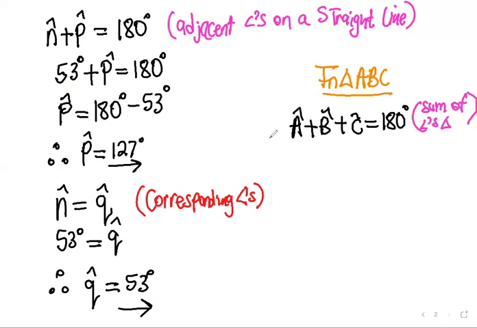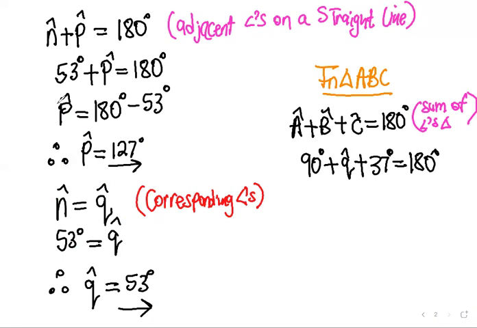Now you substitute the size of angle A being 90 degrees, right? Plus the size of angle B, which is represented by small letter q that we want, plus the size of angle C, which is represented by 37 degrees right there, equals 180 degrees.